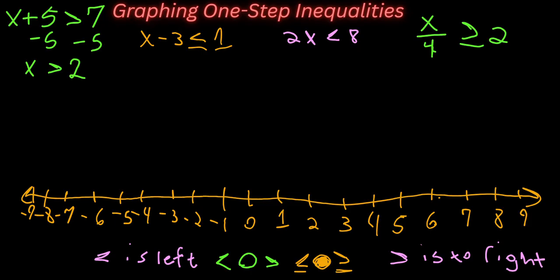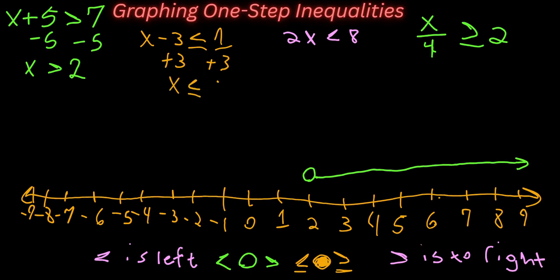So we need to graph not to the left, but to the right. X is greater than 2. Okay. So here we add 3 to both sides, and x is less than or equal to 4.